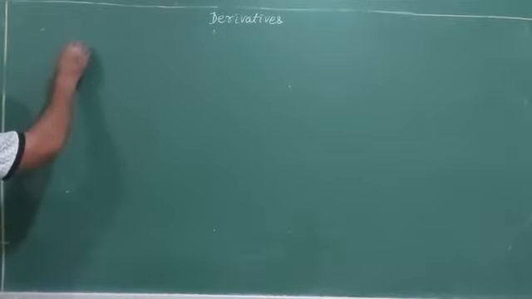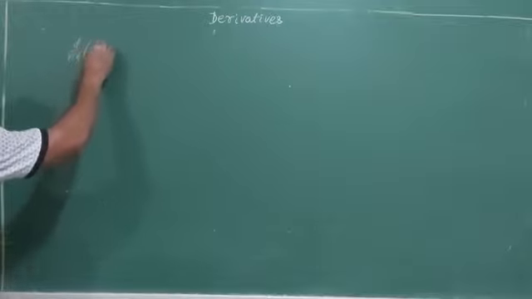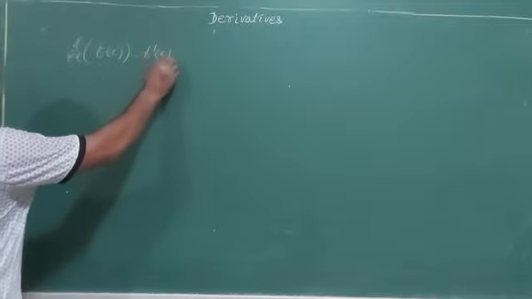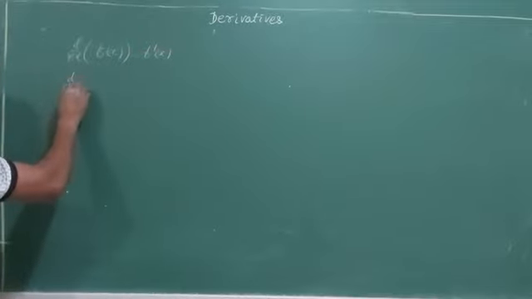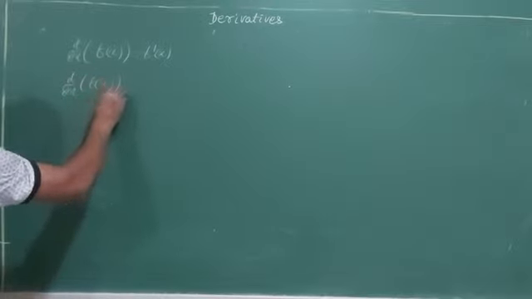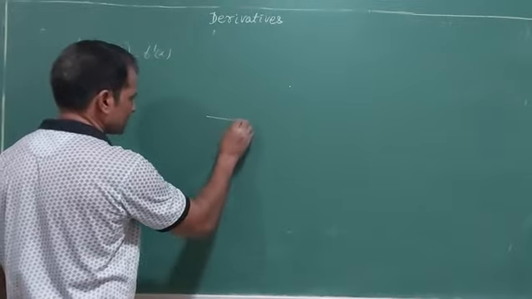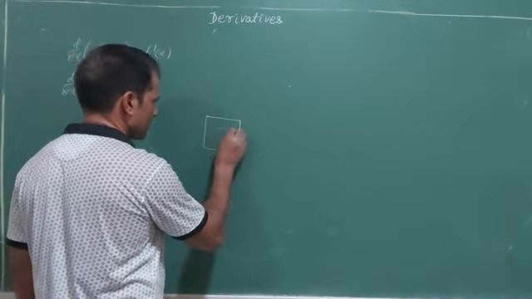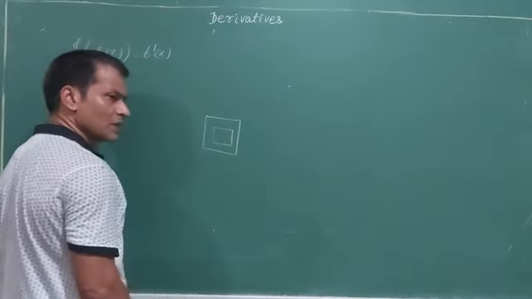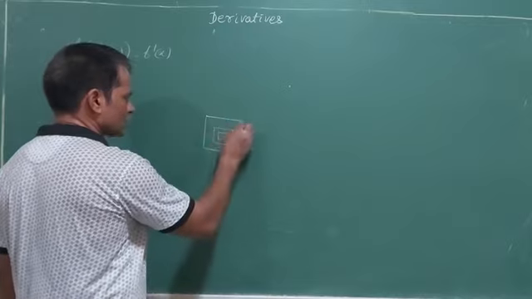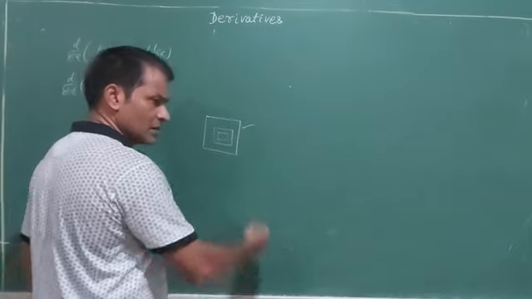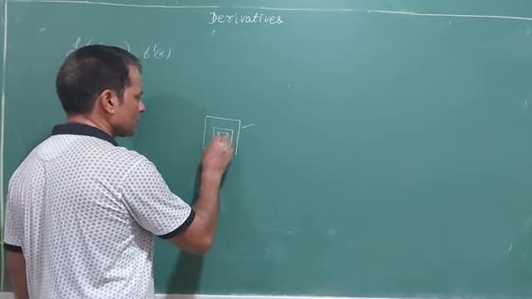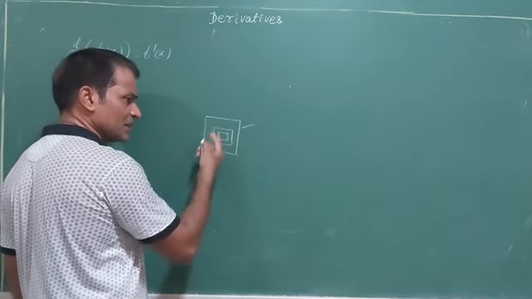Suppose if I write d by dx of f of x, generally we write this as f dash x. Practically what is happening? Suppose we got a big pack. It has come from Myntra or Amazon, wherever it has come from. You will find a brown packet, or a poly pack outside, then a cardboard pack may be there. Then the thing whatever you have, a mobile, maybe a jeans, maybe a t-shirt, whatever it is.